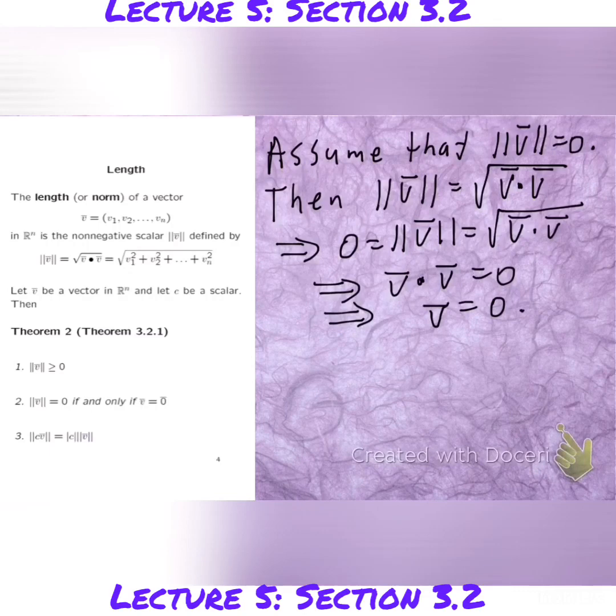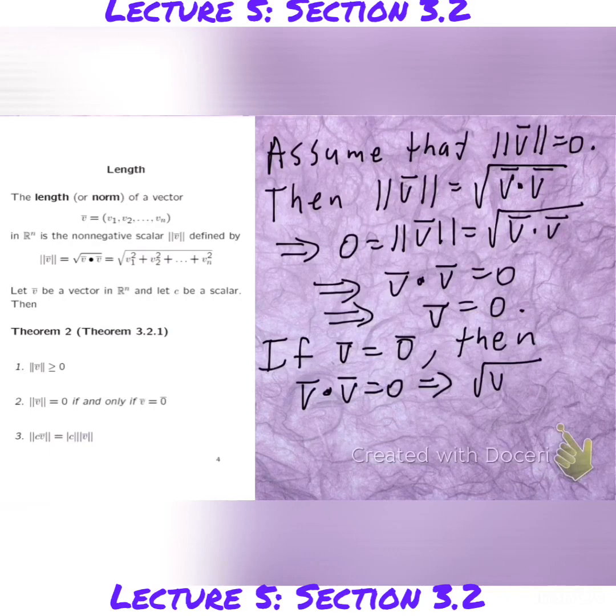Right, now if v is the 0 vector, then we know from our previous theorem 1.4 that the dot product of v with itself is going to be 0, which is going to imply that the square root of the dot product of v with itself is going to be also 0, which then implies that the norm of v is going to be 0.